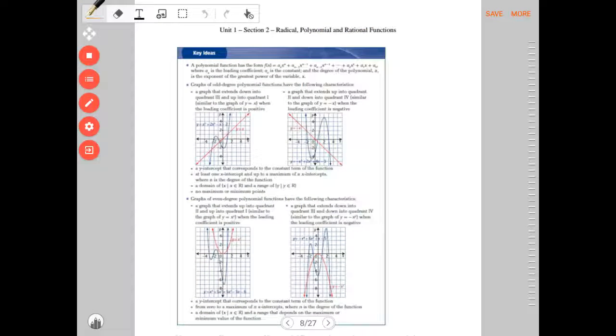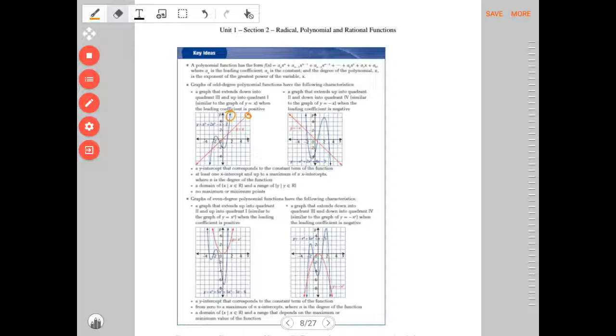Okay, so there's some key ideas here. Polynomials: we talked about positive ones always being high in quadrant 1, low in quadrant 3. Pardon me. High in quadrant 1 works for both odds and evens.